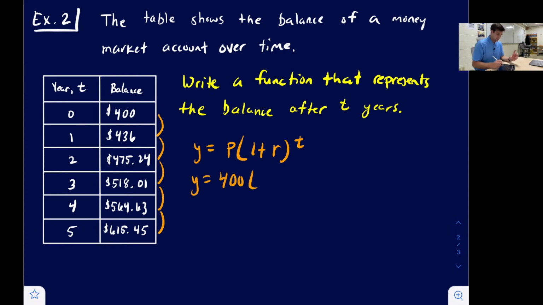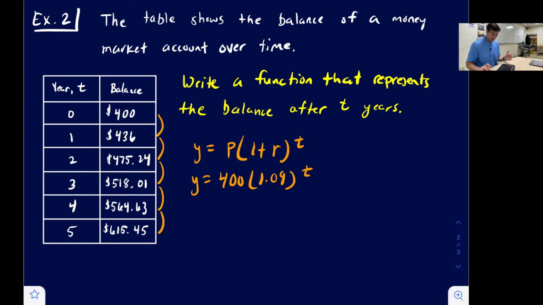And now let's think about what we can do to go from 400 to 436, 436 to 475.24, all of those things. So what we can do is work backwards. I could take 436 and divide it by 400, and I'm going to get 1.09. So now that is my growth factor, 1.09. And we can check that.